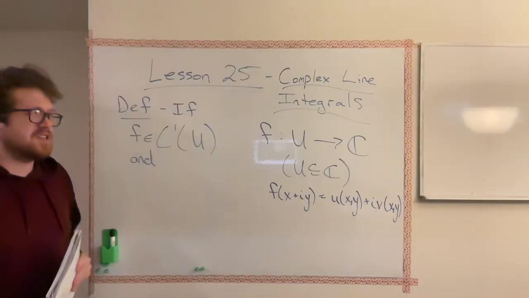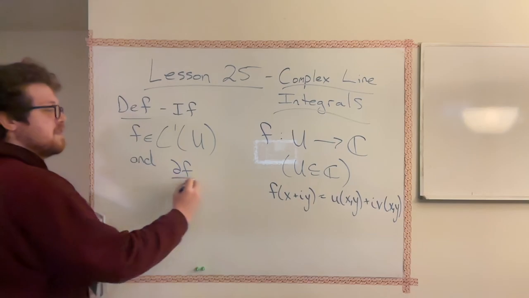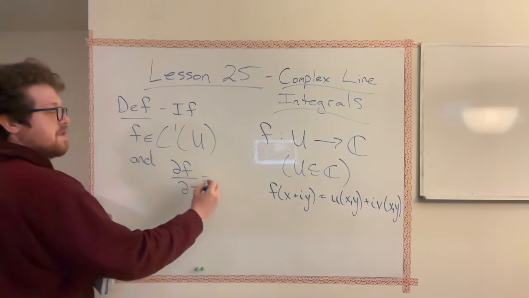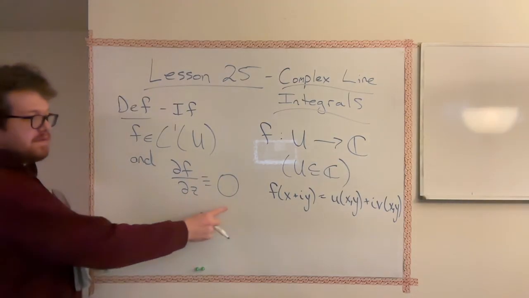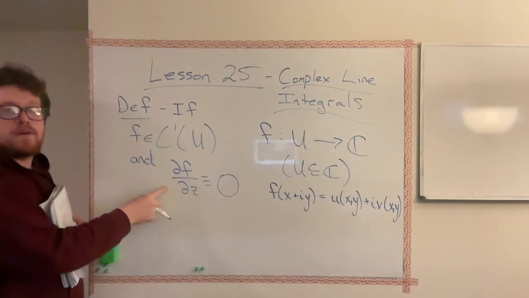It's essentially just notation. When we write df/dz equals 0, identically 0 on the whole domain, all the points in U, we call this type of function holomorphic.